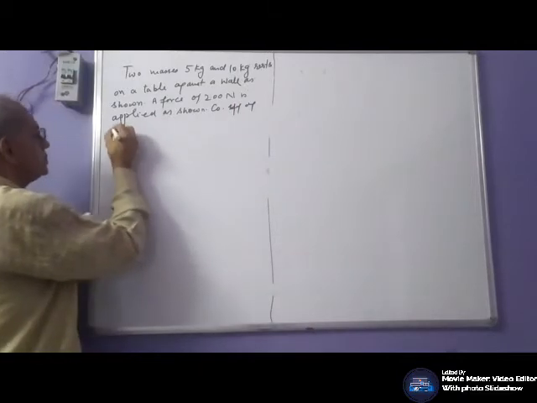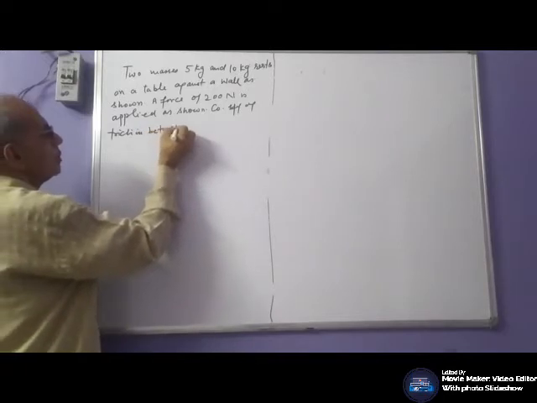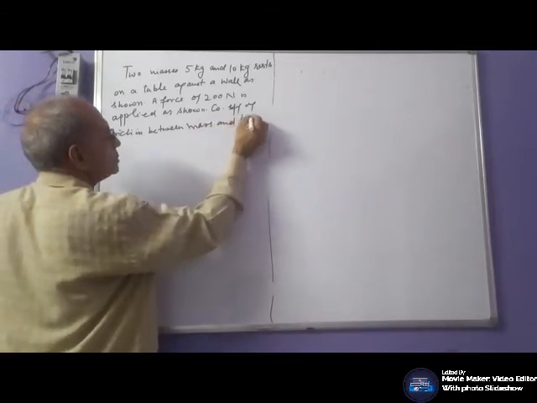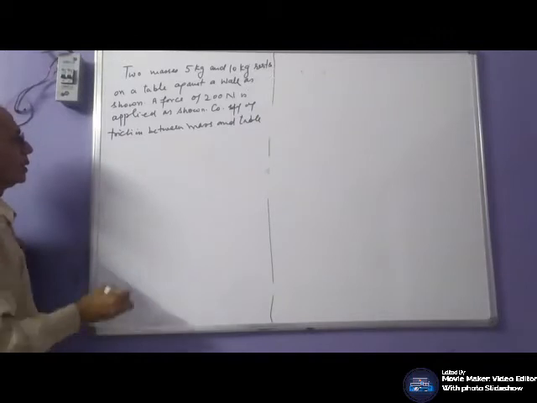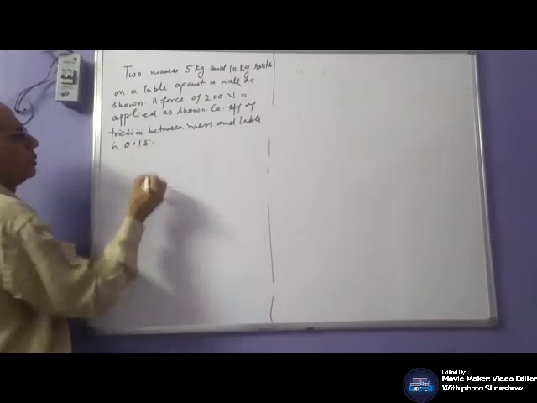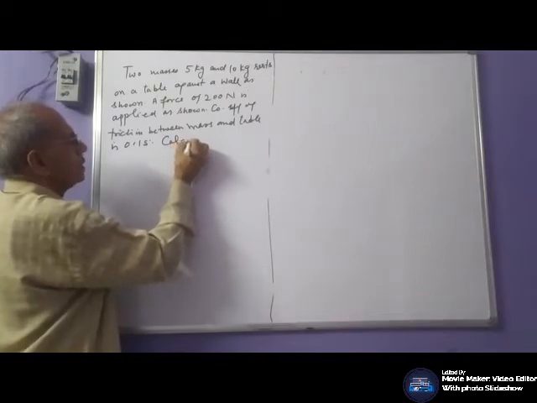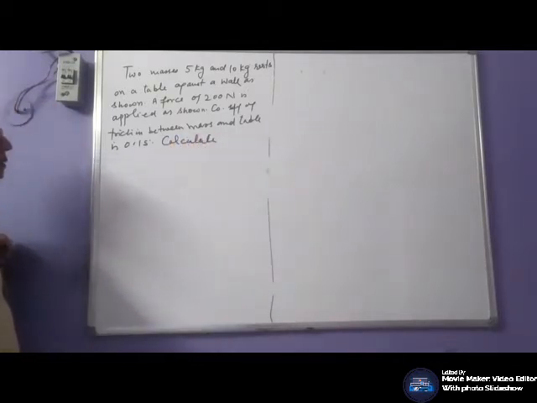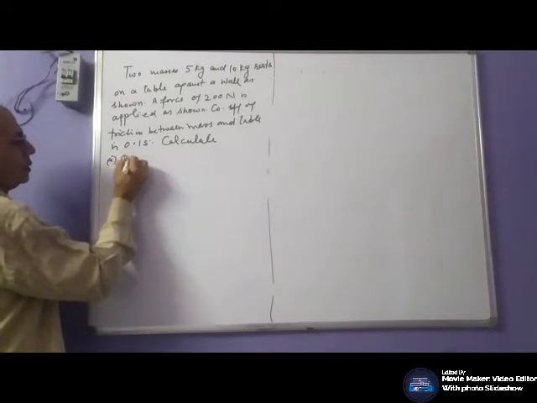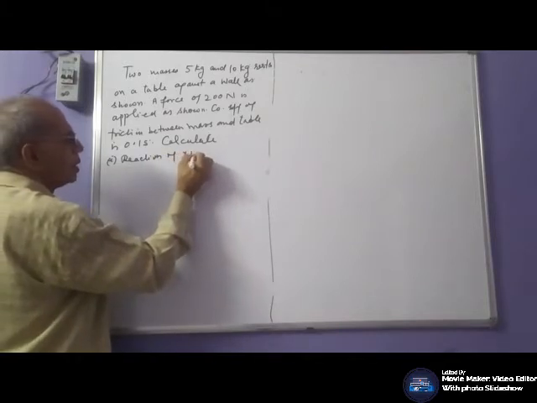Coefficient of friction between masses and table is 0.15. Calculate reaction of wall.